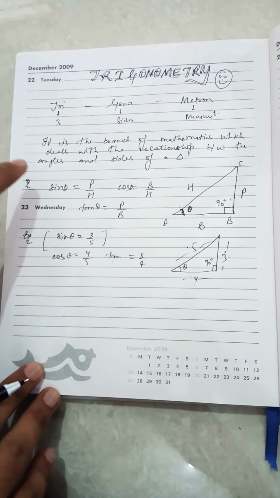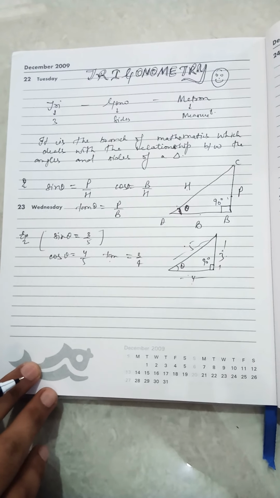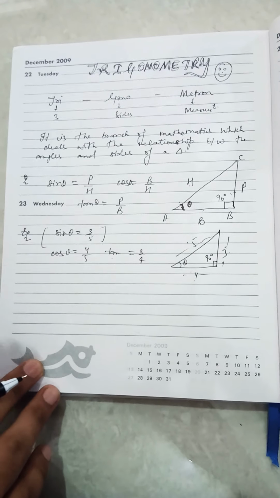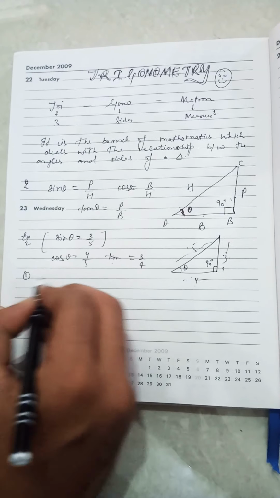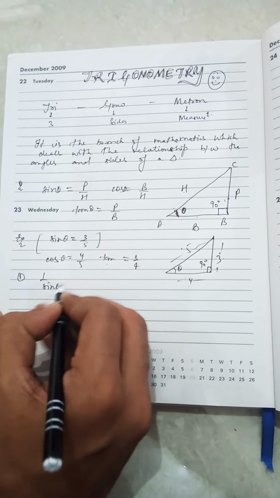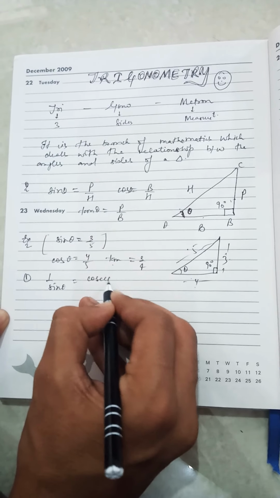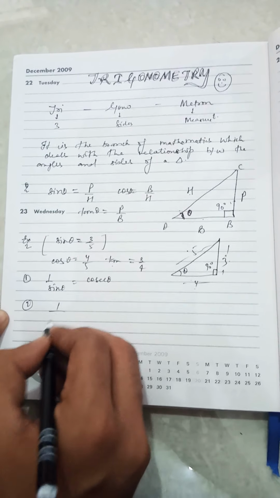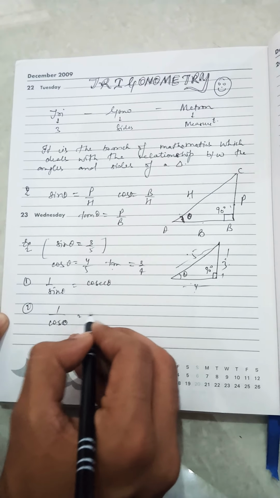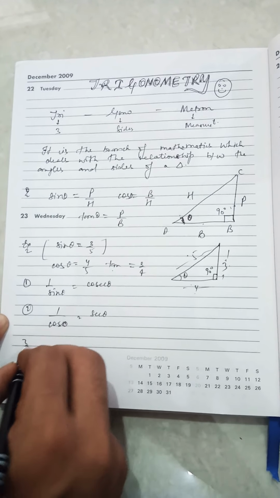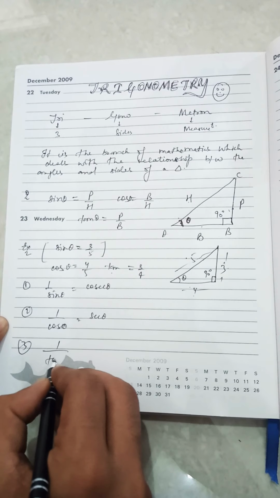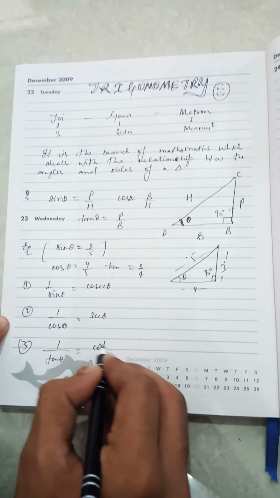Also, there is a mathematical term that is the inverse of these three. First, the inverse of sine theta is called cosec theta. The inverse of cos theta is called sec theta. Third, the inverse of tan theta is cot theta.